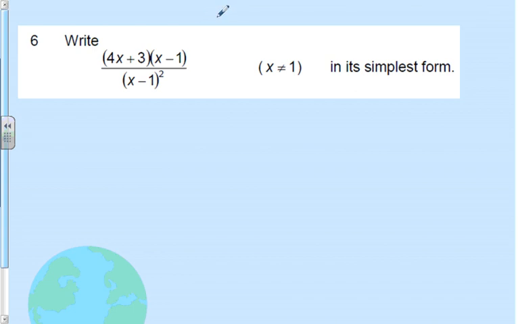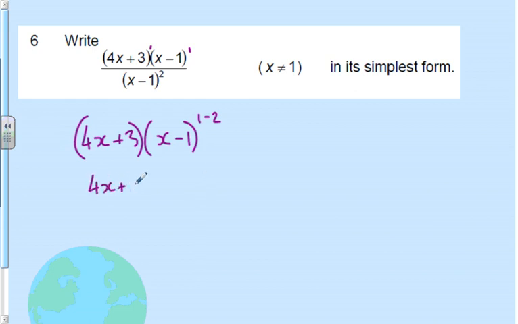Well, we can use our surds and indices here because we know that that x minus 1 on the top is to the power 1, in the same way that this bracket here is to the power 1. So what we've got there is 4x plus 3, x minus 1 to the power 1 minus 2. So that gives us 4x plus 3 brackets x minus 1 to the power negative 1.